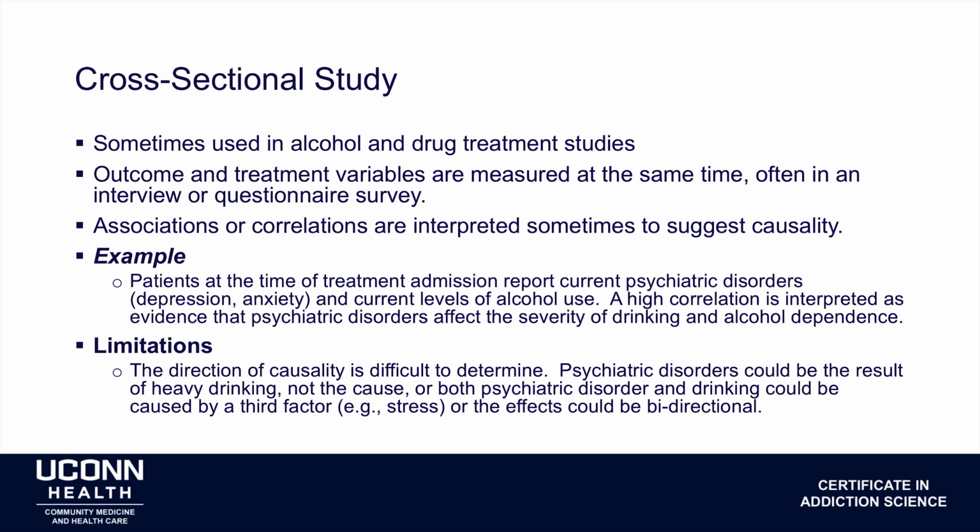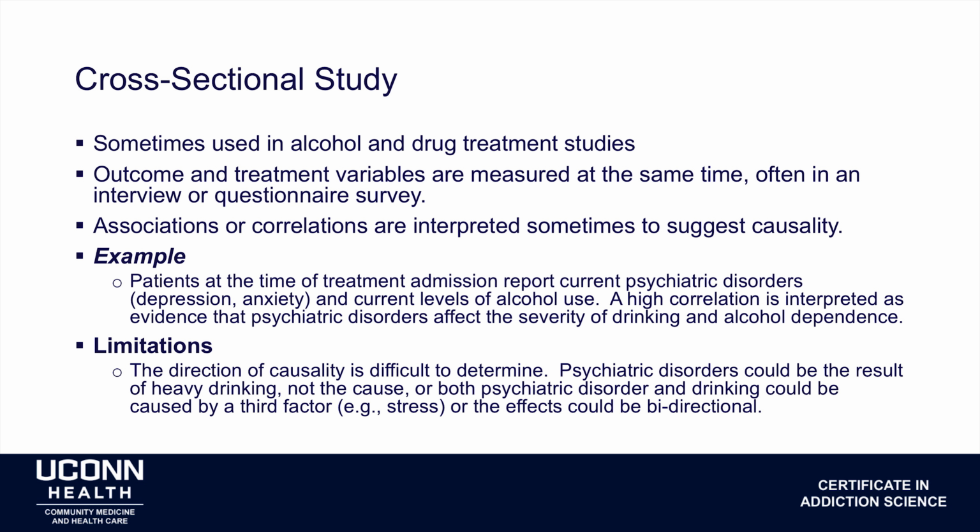So once we have these data, we can look for correlations between the number of psychiatric comorbidities and the severity of their substance use disorder. And if we find a high correlation, we can interpret that in several ways. We can interpret it as perhaps suggesting that the psychiatric disorder in these patients was contributing to the severity of their alcohol dependence, in which case we would want to pay a lot of attention to treating their psychiatric disorder.